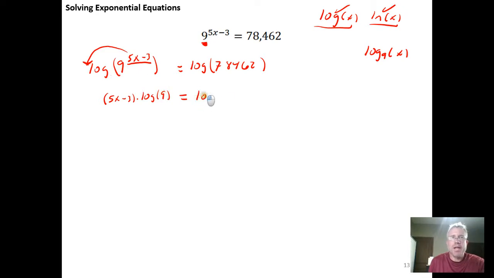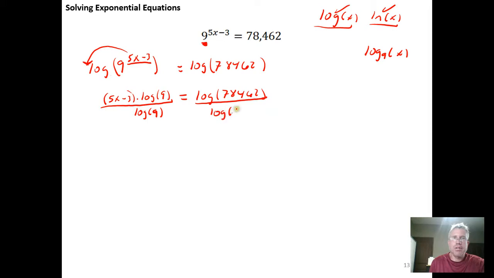And I would still have a log base 10 of 78,462 on the right-hand side. Right away, before I distribute into the parentheses or do anything like that, I'm attached via a product. So the simplest thing to do here is just right away divide by the log of 9, and I'd have to do that on both sides.